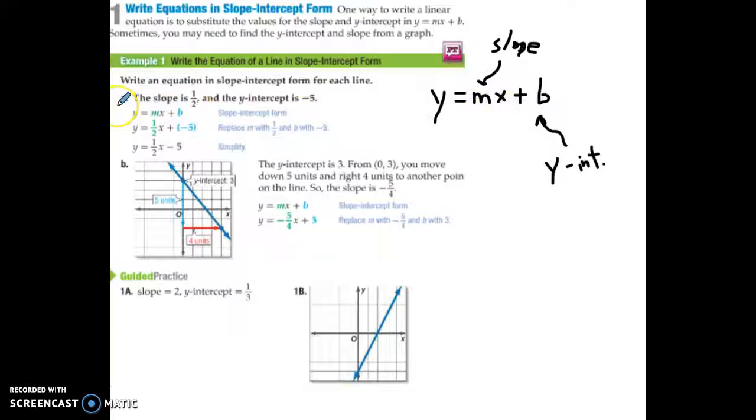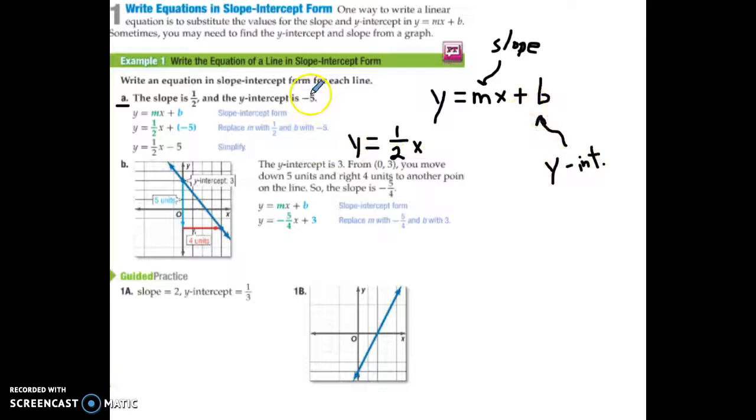So let's look at example 1, part A. They tell me the slope is 1/2 and the y-intercept is -5. I'm just going to plug these numbers into my formula. My slope goes in front of x. What's my slope? 1/2. So y equals 1/2 x. I'm going to add on whatever my y-intercept is.